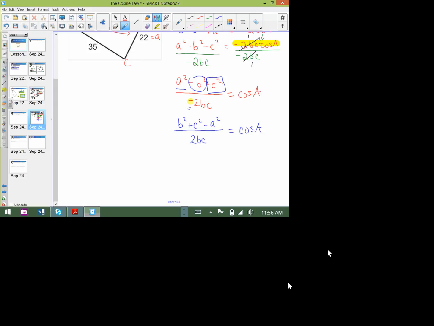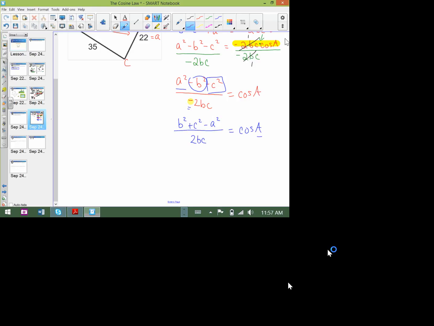You can start to see and maybe appreciate that these formulas for solving the angles follow a pattern: add two squares, subtract the square of the side for the angle that you're looking for, and divide by 2bc. So let's finish this off. Let's grab a different color, purple for a change.